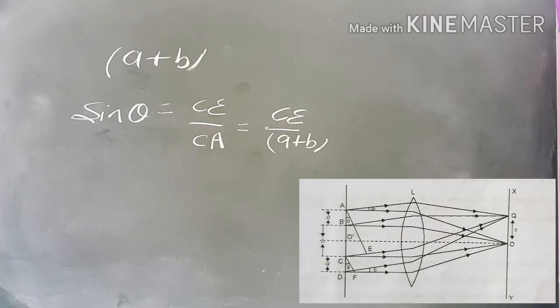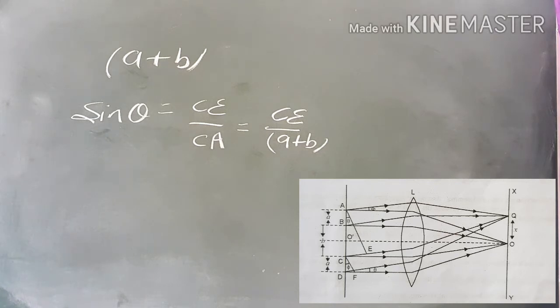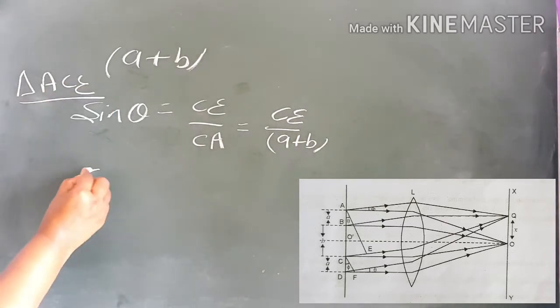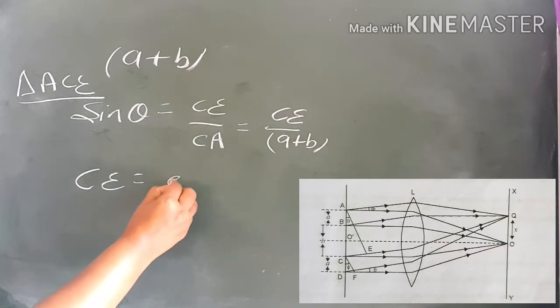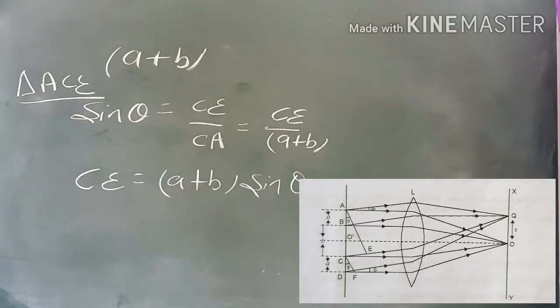Here CE is the path difference between these two rays. So from the triangle ACE, CE is equal to (a plus b) sin theta. This is the path difference between the rays coming from A and C.